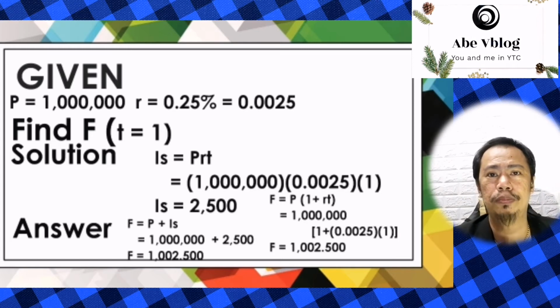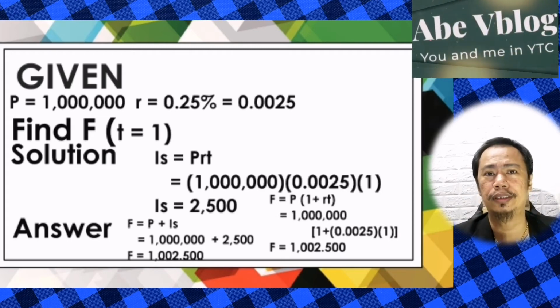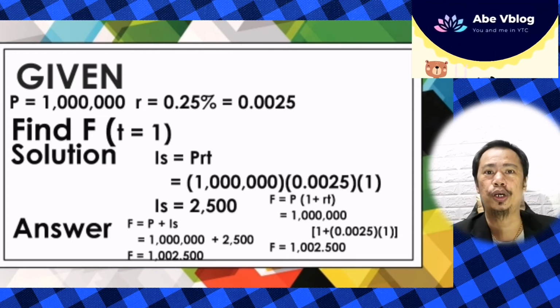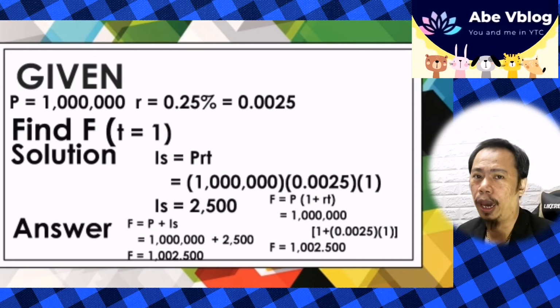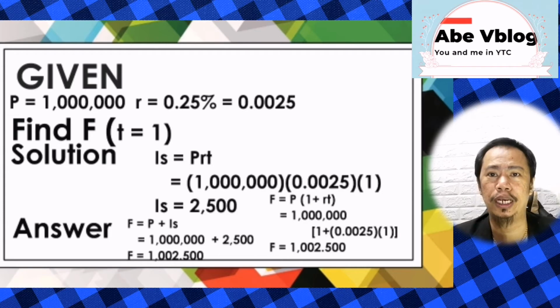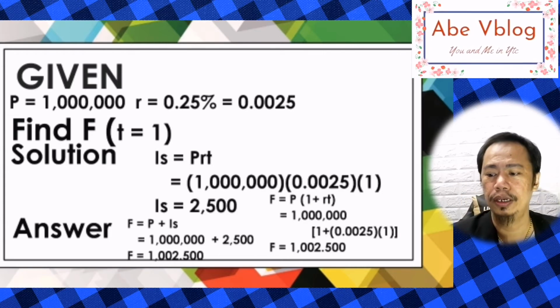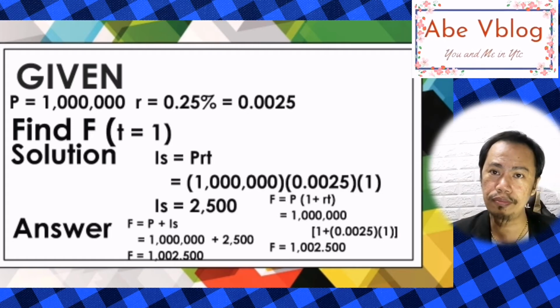So the future value formula is different, but the result is the same. You can use either of the two. F is equal to P plus IS, or F is equal to P times 1 plus RT.